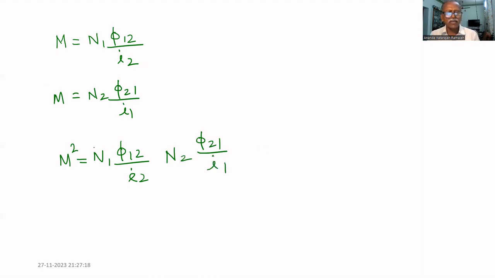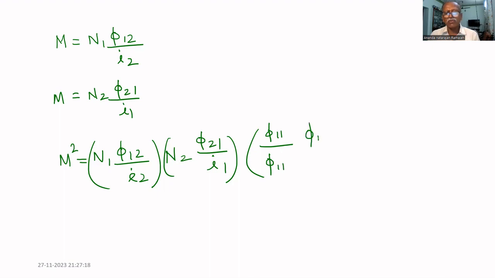To get a relation, let us multiply by φ11 divided by φ11, and φ22 divided by φ22. Let us group such a way that we will get some relation.